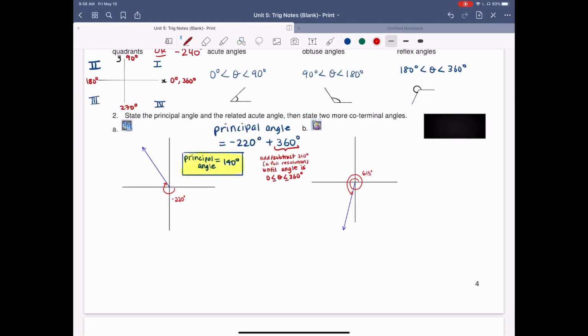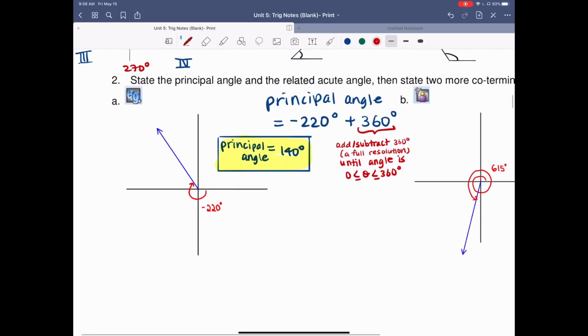Okay, the question said find the principal angle, the related acute angle, and then state 2 more coterminal angles. So let me find that related acute angle. If I have negative 220 and for the principal angle I had 140 degrees, well, do you see it?